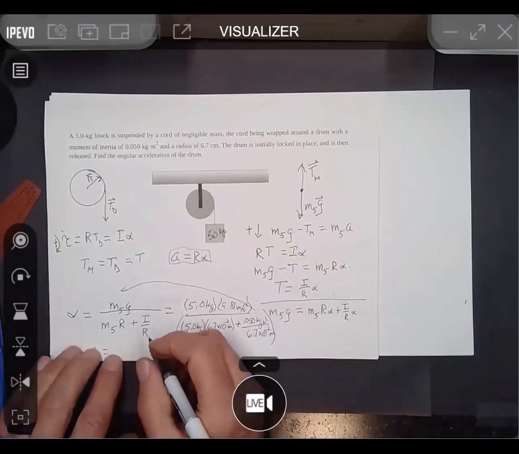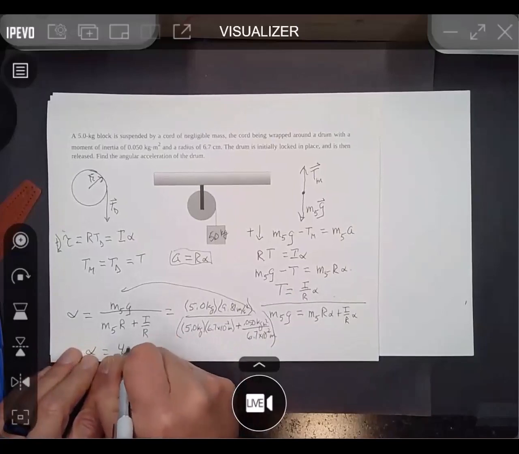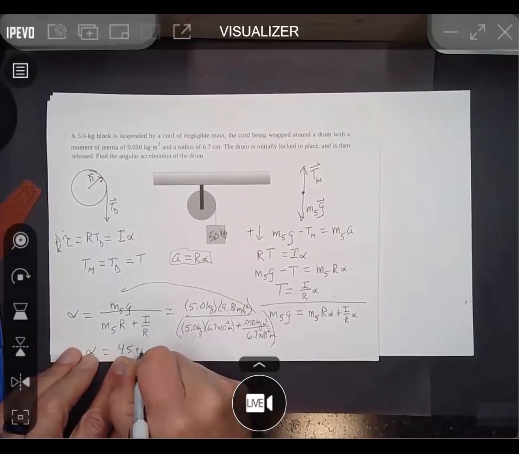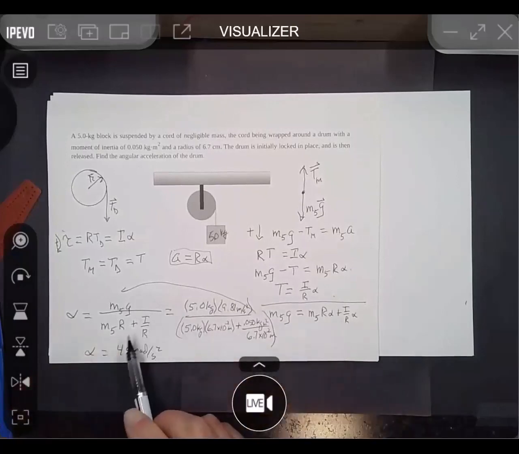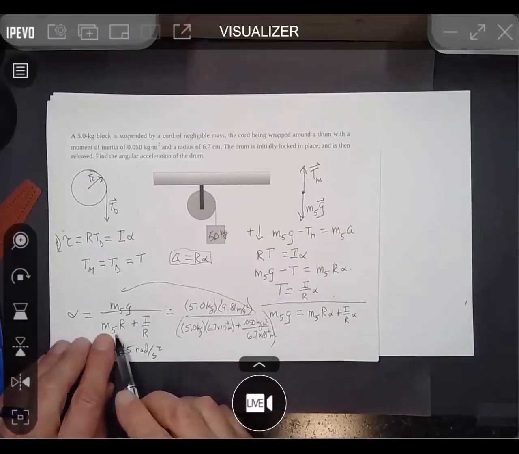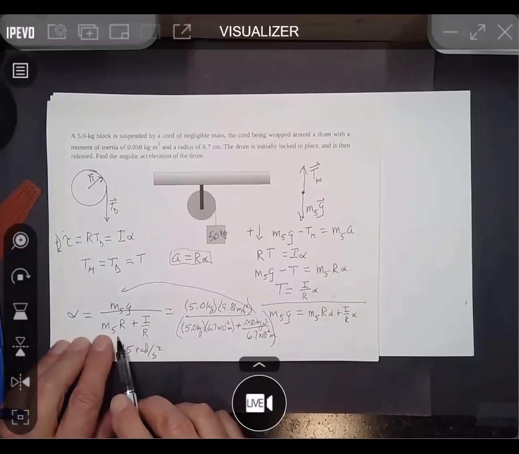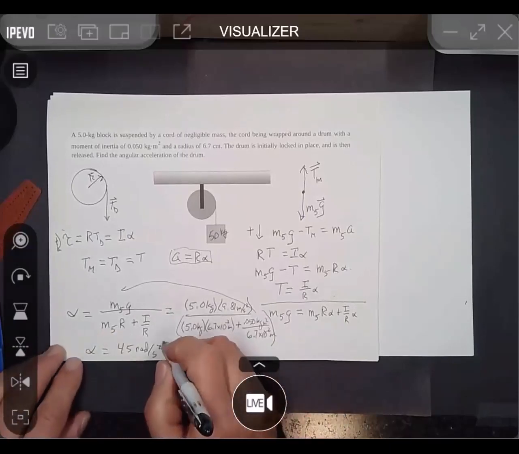So this does make sense. It's 45 radians per second squared. All right. I thought I was finding something that would be the acceleration due to gravity, and it's not. Because I'm not dividing by a mass, I'm multiplying times a mass, or dividing by a mass times a distance. So we're good.